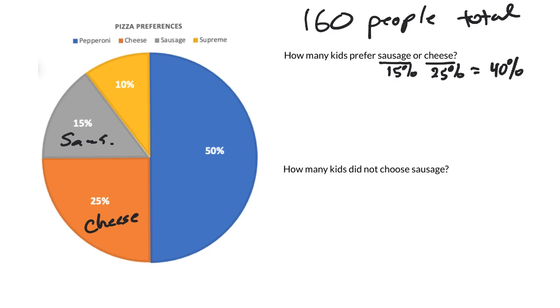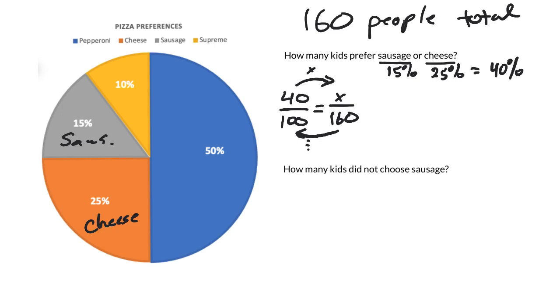So how many kids is that? So I can set up a proportion. 40 over 100 equals how many out of the 160 people total. Okay. Now, to do this problem, I would divide going this direction, so 160 divided by 100. Then I would take 40 times that number.